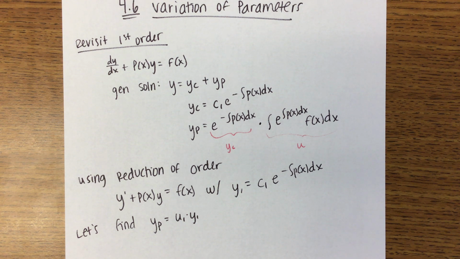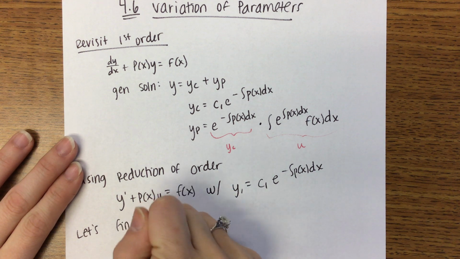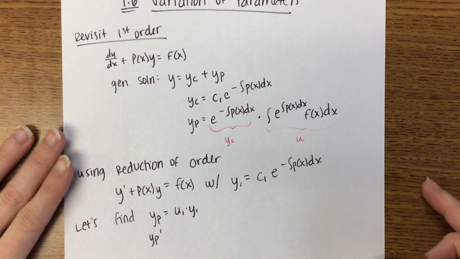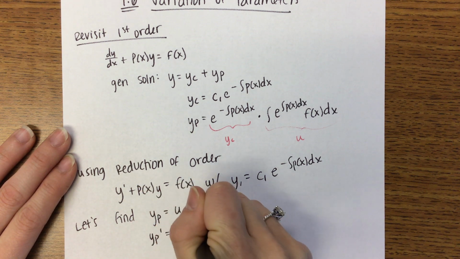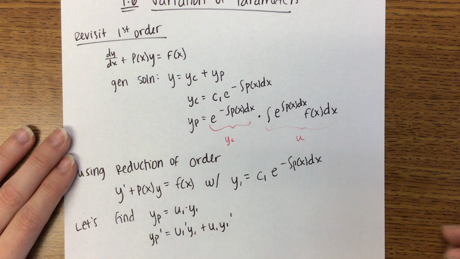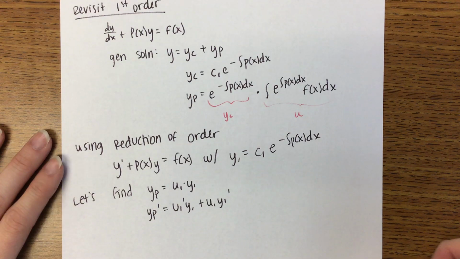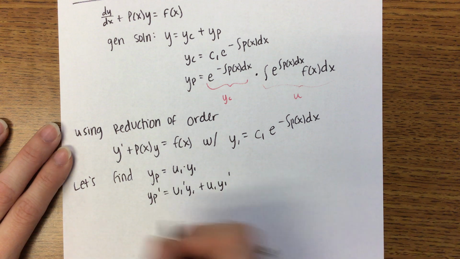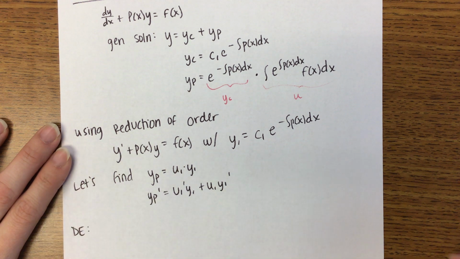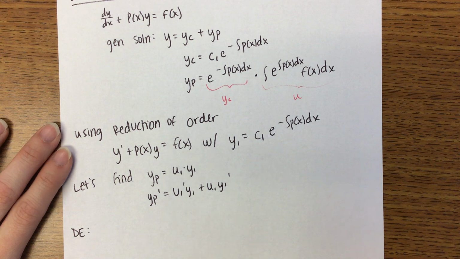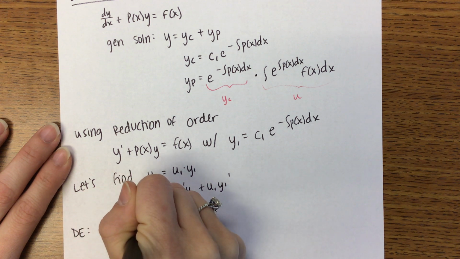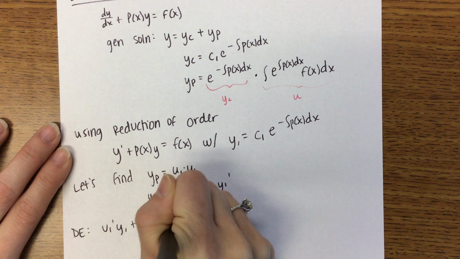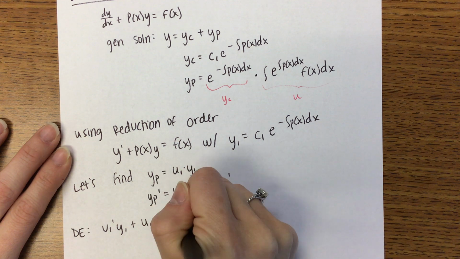With our equation, we're going to need y prime, so we start by finding y prime. We get u1 prime y1 plus u1 y1 prime. Going back to our differential equation, y prime plus p of x times y, we put in y prime and p times y.